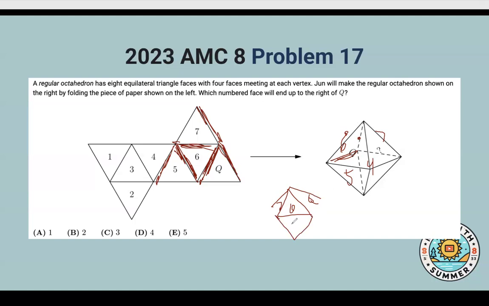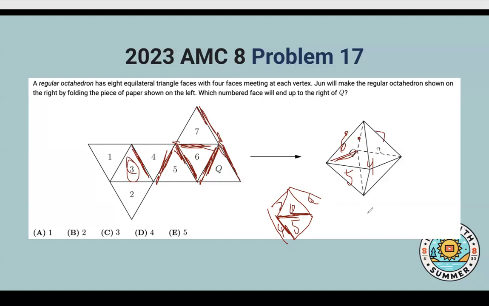Five shares this edge with six and this edge with four. So four would be here below seven. This would be four. So four back here. And then on the other side of four, since we shared this edge, I believe that we would have our three.